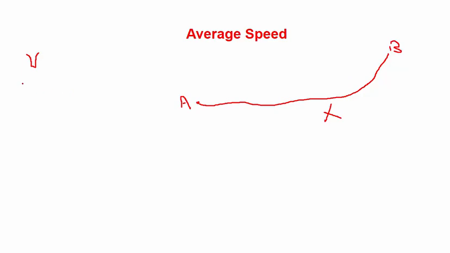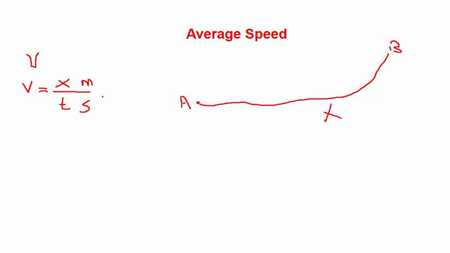Then we can say v, the average speed, equals the rate at which the distance is covered. How do we write that? x is measured in meters, divided by t seconds. That is, average speed is x over t meters per second.